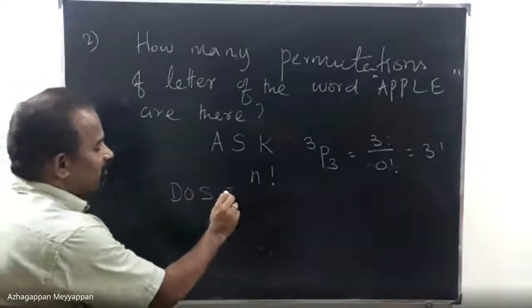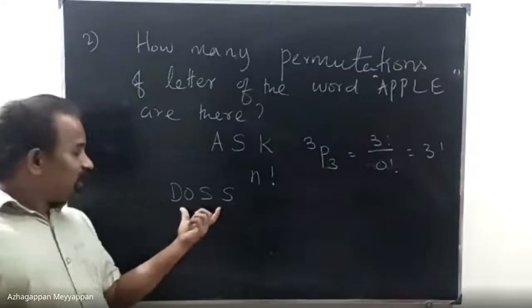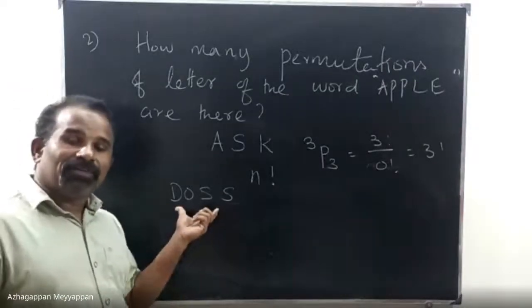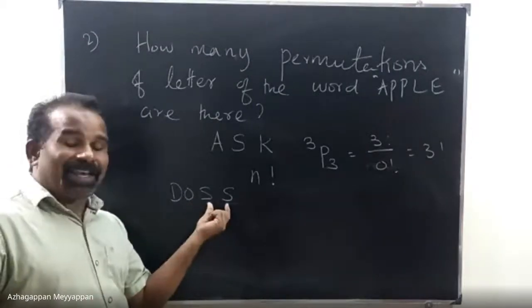Suppose this is the word DOSS. Here there is a 4-letter word in which 2 letters are the same.